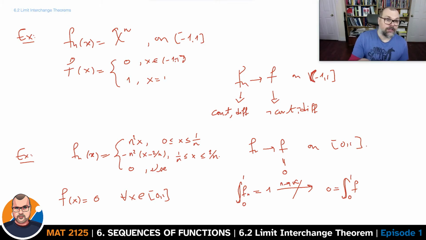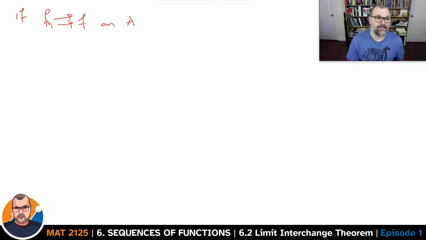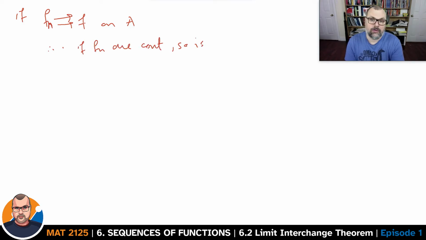None of the convergences here are uniform. They're all pointwise convergence, and that's the real problem. When you have uniform convergence on some set A, then if the f_n's are continuous, so is f.